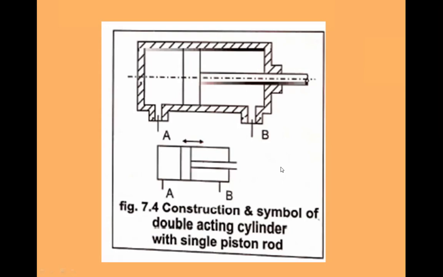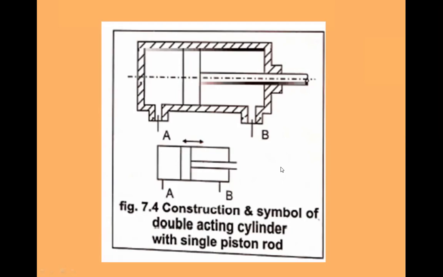Now this double acting cylinder is used just to move something. If some product is there and you want to move it in the forward direction only, that time you can use this double acting cylinder.